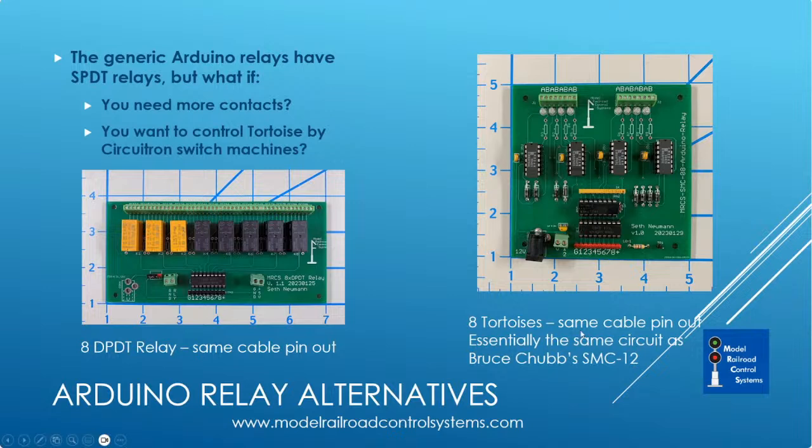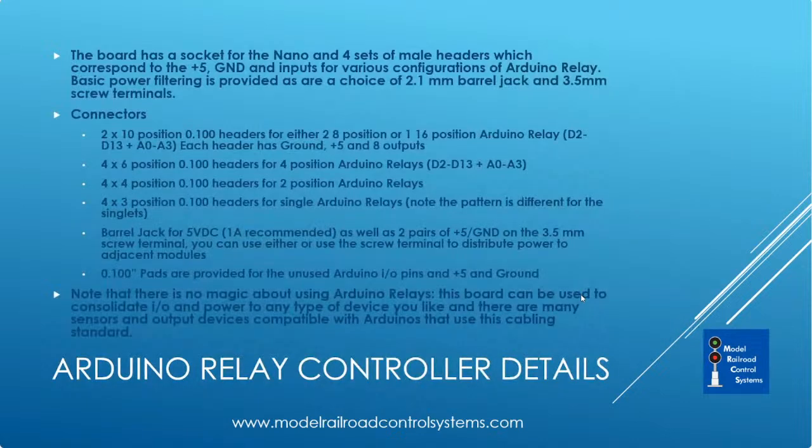It'll plug right in, and you don't have to worry about the 12 volts feeding the op amps blowing up your 5-volt Arduino voltage. It's handled somewhat differently in the classic Chubb's CMRI system. So it works fine if you're in that world, but trying to mix and match, you can damage the Arduino if you don't take precautions. So this is a buffered version that's kind of bulletproof for you. And okay, there's a big long list of what the connections are and so forth. You can look it up on the website or just get in touch.